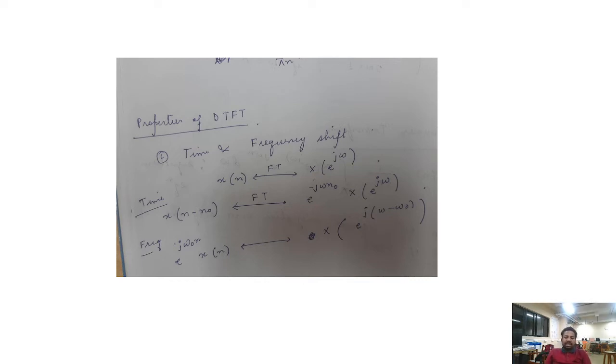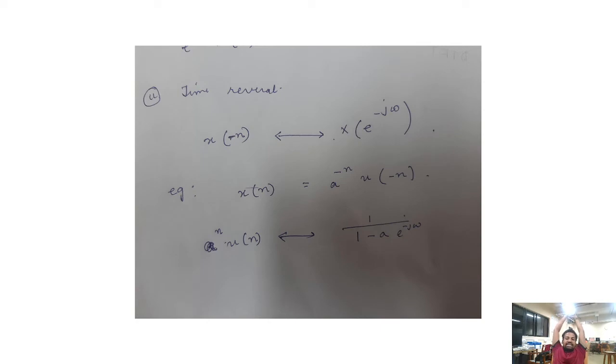The next property that we have is frequency shifting. For example, if we have a signal e to the power of j omega naught n into x of n, the Fourier transform for that signal is X of e to the power of j into omega minus omega naught. Okay. So next is time reversal. For example, we have a signal x of n and the Fourier transform for that signal is X of omega.